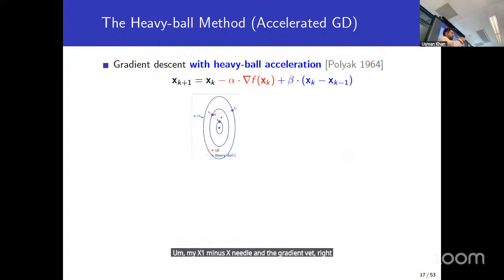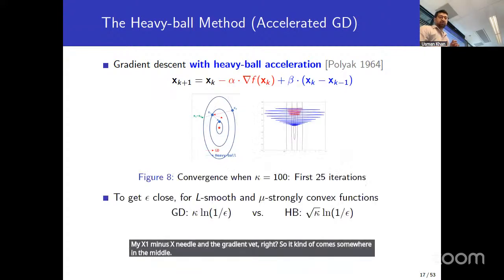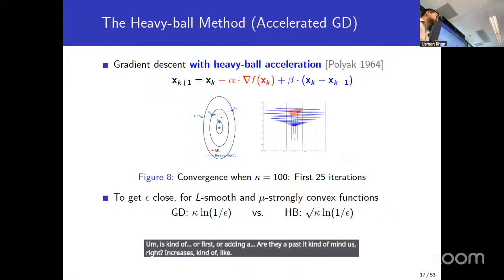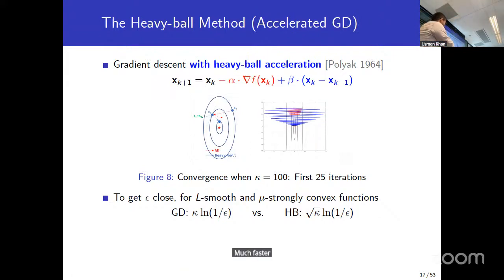So it comes somewhere in the middle. If you look at the trajectories of this algorithm, you see that in the first 25 steps, it goes much closer to the true minimizer versus gradient descent. And this is what adding a past iterate, momentum, is buying us, right? It reduces the oscillation, so it comes much faster. And we know exactly, you can quantify this relationship.